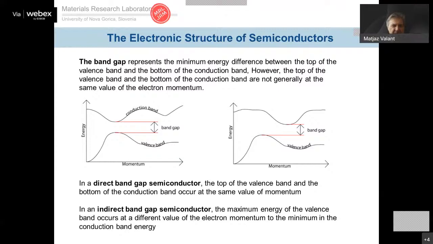It means that in a system as a whole, we can't lose or gain momentum, but we can transfer momentum from one entity to another. So in the case of indirect band gap, we need to involve three species: electron, phonon, and photon. And of course, such a transition, for that reason, will be less probable.